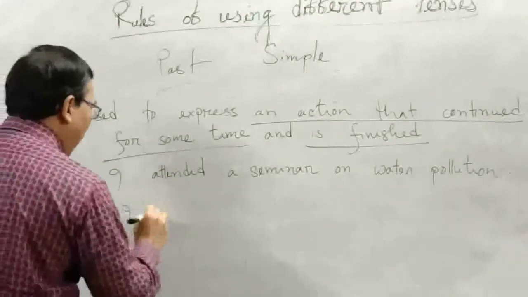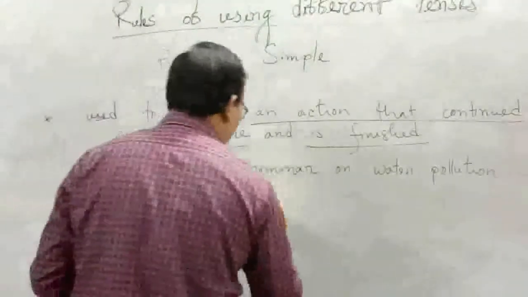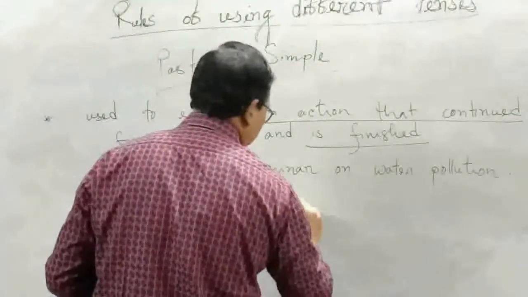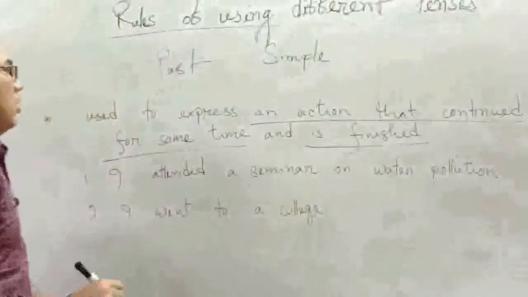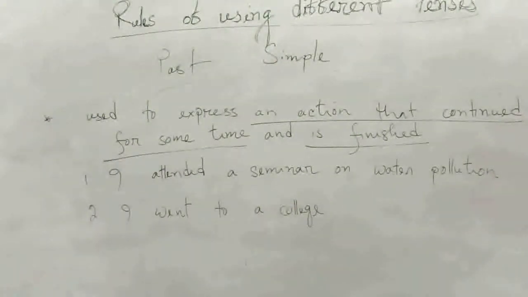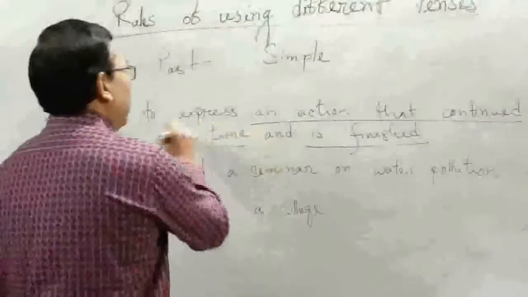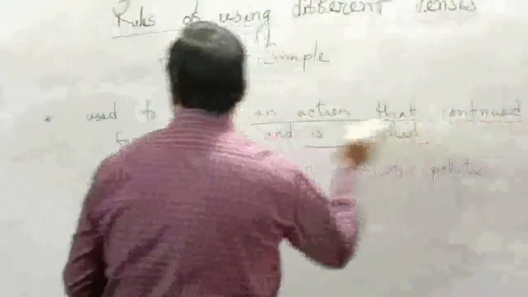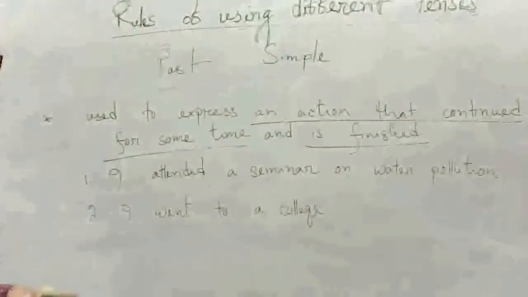Number two, I went to a college. So this is another rule: past simple is used for an action that continues for some time and is finished.